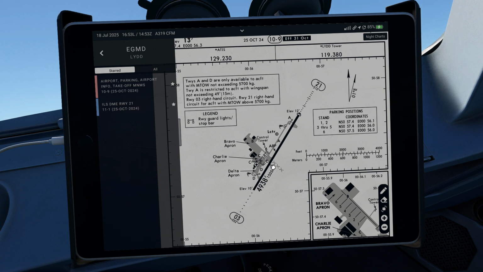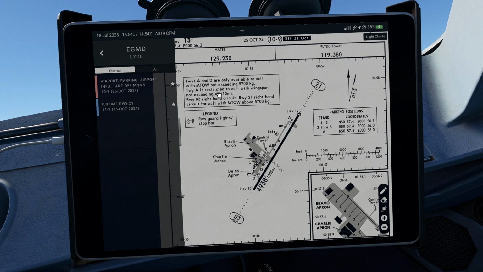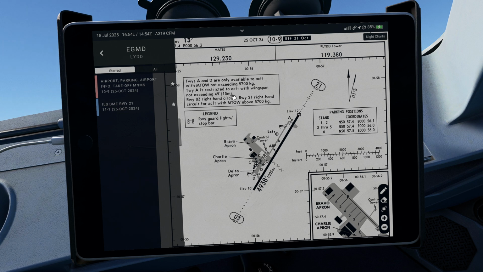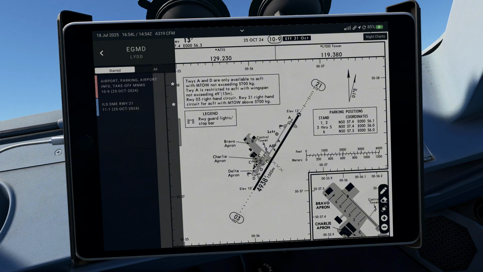It means taxiways Alpha and Delta are not available for jet aircraft such as the Airbus family, for example the Airbus A319. Taxiway Alpha is restricted to aircraft with wingspan not exceeding 15 meters. The wingspan of the Airbus A319 is 34.1 meters.